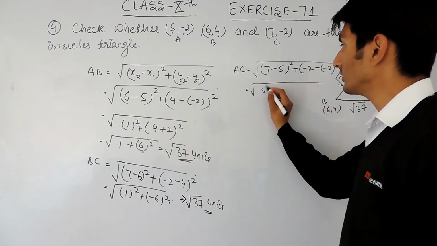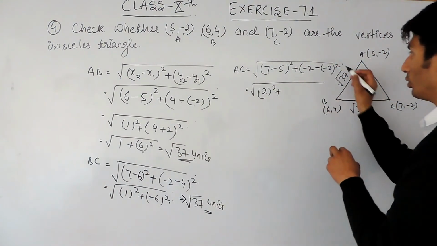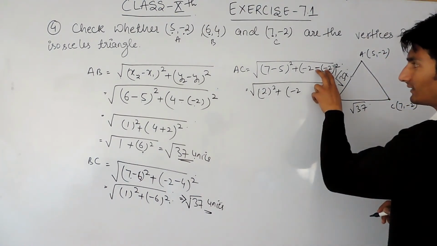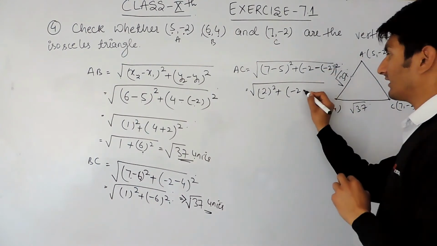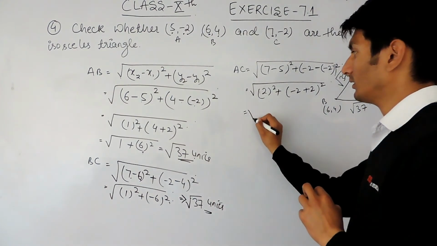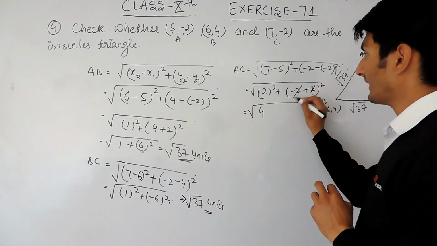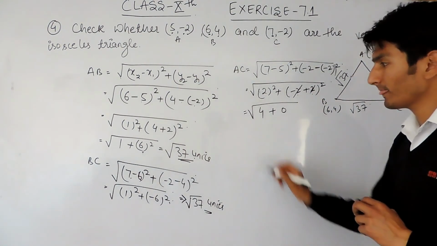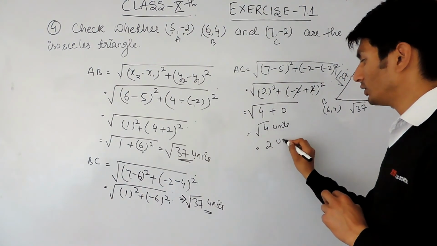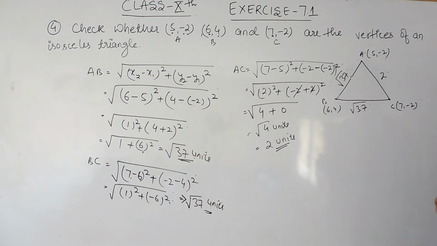So 7 minus 5 is 2 square, and inside the bracket, minus 2 will remain as it is, and these two minus when multiplied will give me plus 2, whole square. 2 square is 4 and minus plus is minus, so these two values cancel, so this will be 0. So it is root 4 units, or you can say 2 units. So here the distance between these 2 points is 2 units.